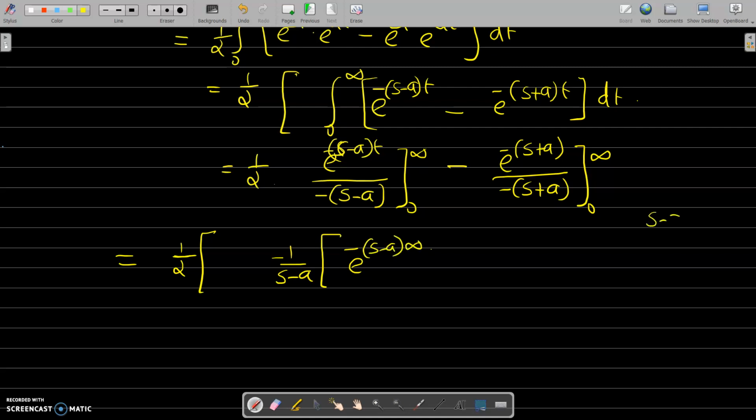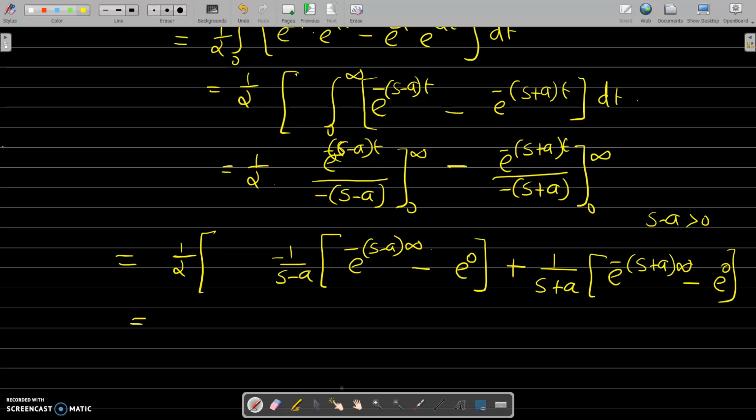Here s minus a must be greater than 0, then only this is 0, minus e raised to 0, plus 1 by s plus a into e raised to minus of s plus a into infinity, minus e raised to 0.